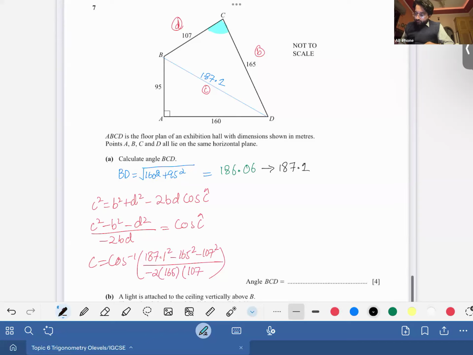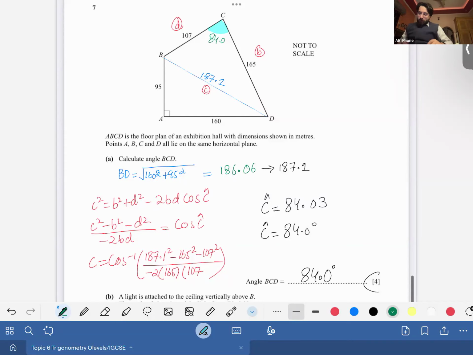So what is the answer for this angle, bacha? 84.03. So angle C is 84.0 till 1 decimal place. So 84.0 degree. 4 marks. So once I'm done, I have to write that here, 84.0. ठीक है बेटा? Understood?